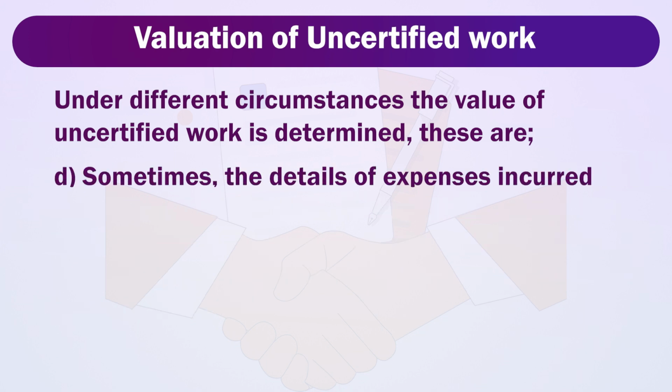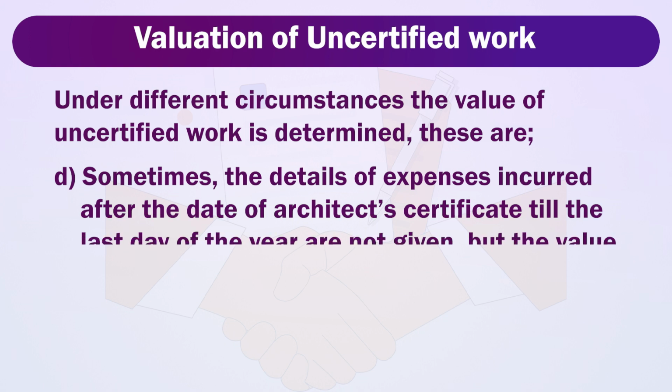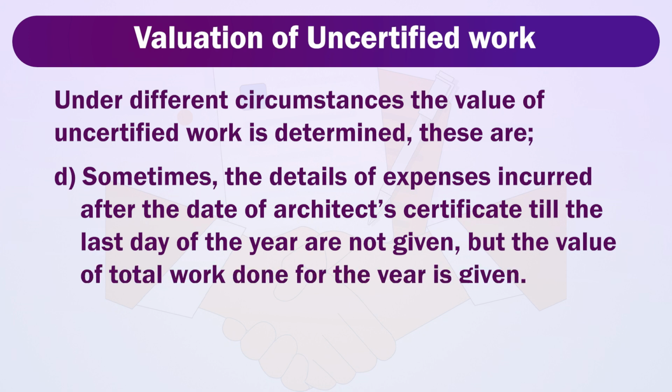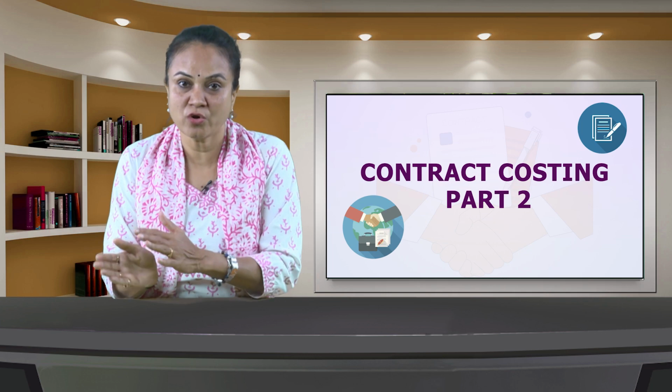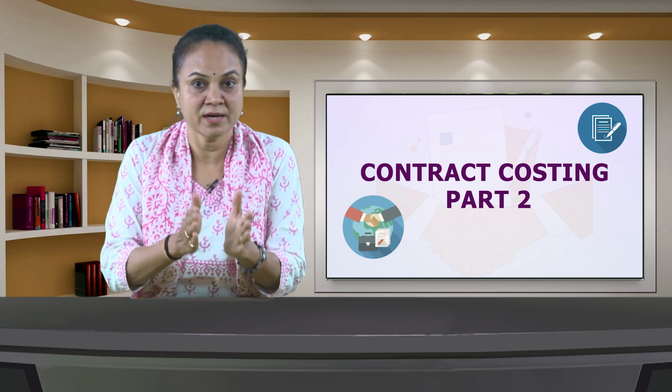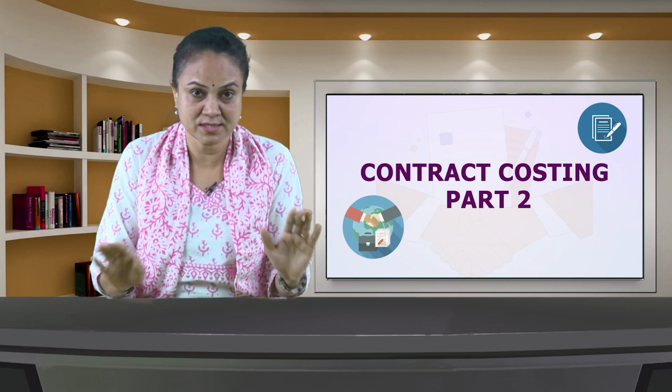Fourth, sometimes the details of expenses incurred after the date of the architect's certificate till the last day of the year are not given, but the value of total work done for the year is given. In that case, the proportionate expense of the intervening period is taken to be the value of work done but not certified.